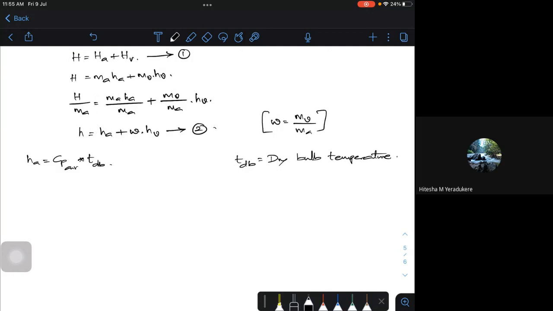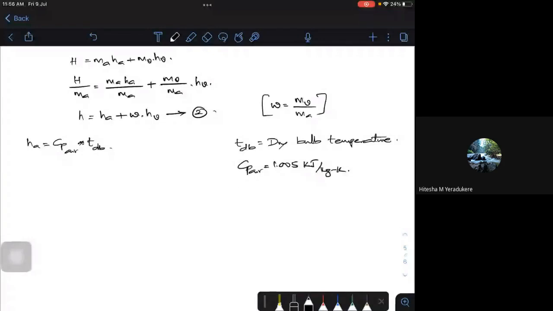Okay, what is the value of Cp? If nothing is given, Cp of air I can take as 1.005 kilojoules per kg Kelvin. Now, what is the enthalpy of vapor? If you go back and see, HV we have already defined.